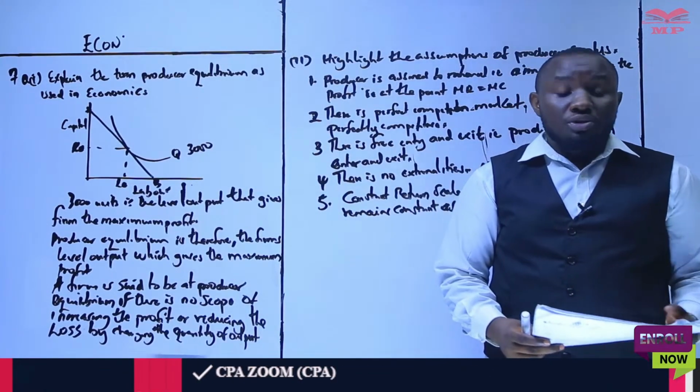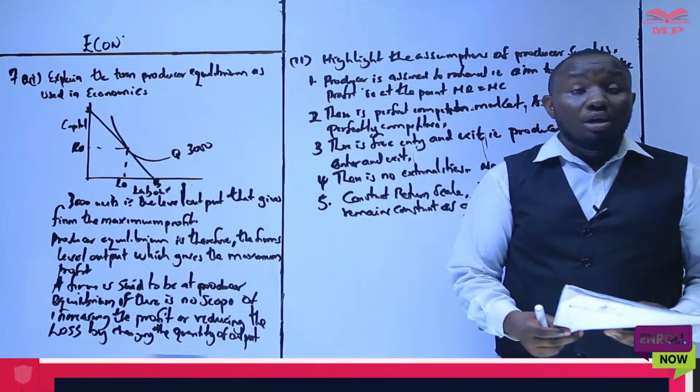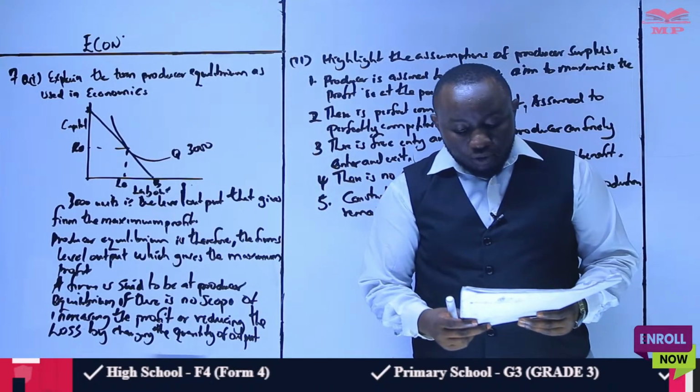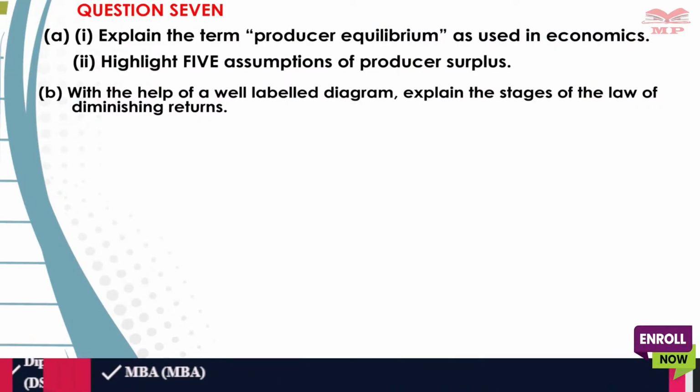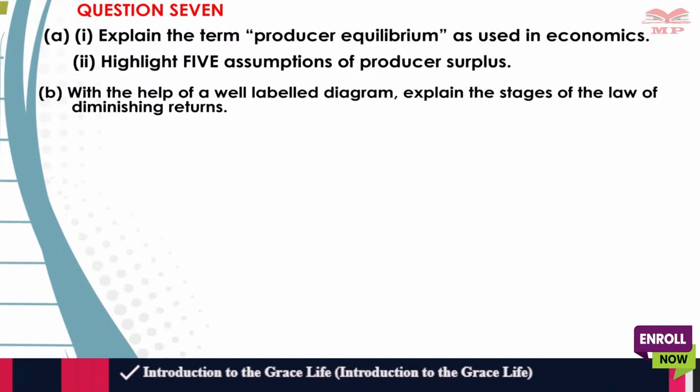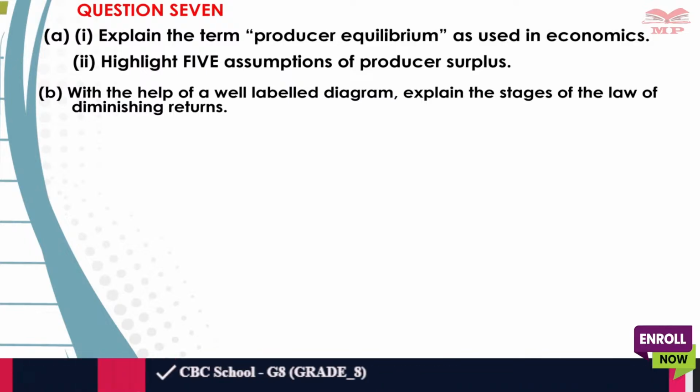We pick it on the next question, that is question 7, Roman B. With the help of a well-labeled diagram, explain the stages of the law of diminishing return. We put that question down.